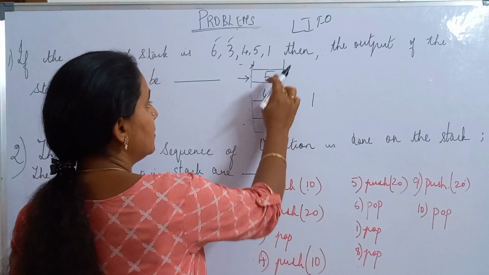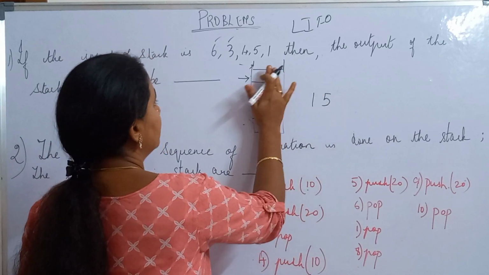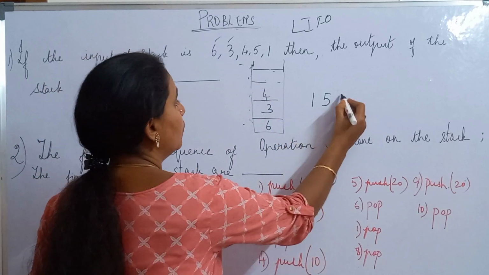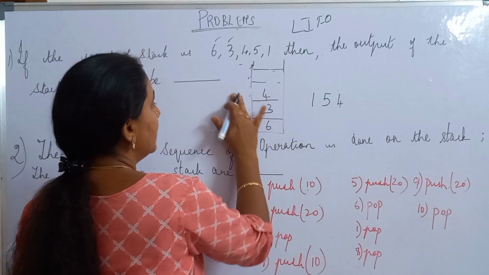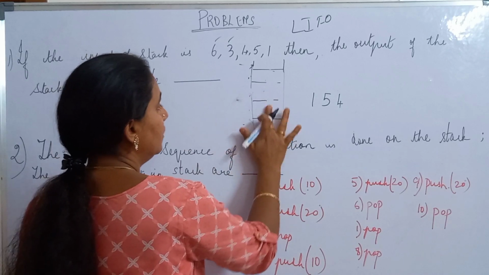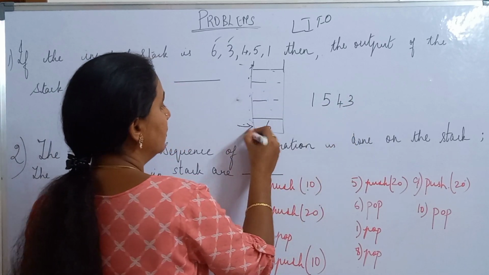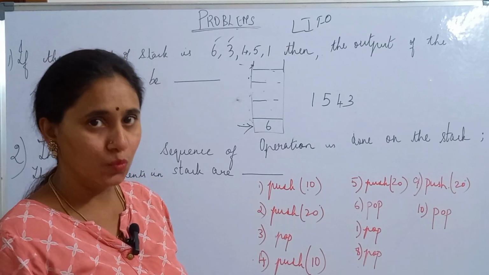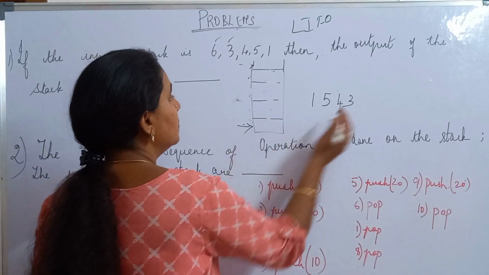Now what is the next element popped? It is 5. We are removing it. Now what is the next element popped? It is 4. Now what is the next element popped? It is 3. Then the last element present is 6. That also we are going to remove and it is going to get printed.